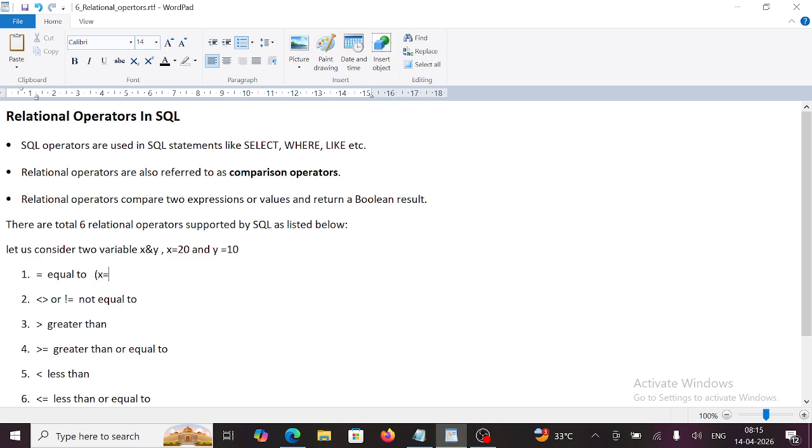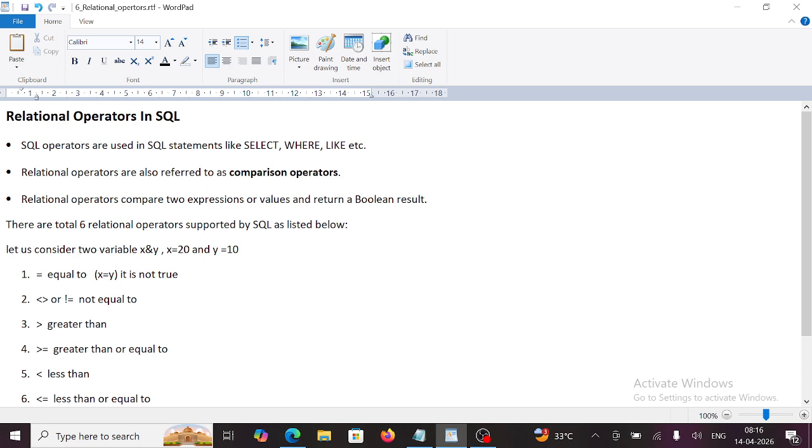If x is equal to y, with the help of the equal operator, 20 equal to 10. Is it true? No, it is not true.